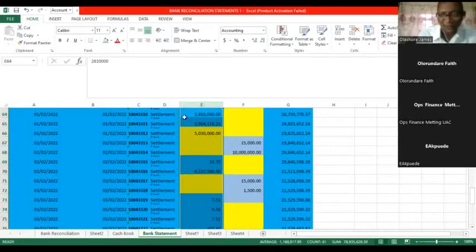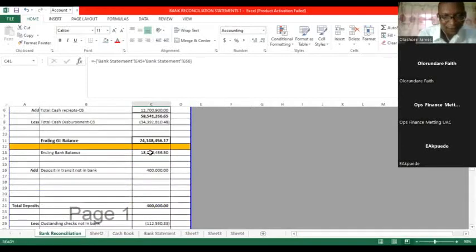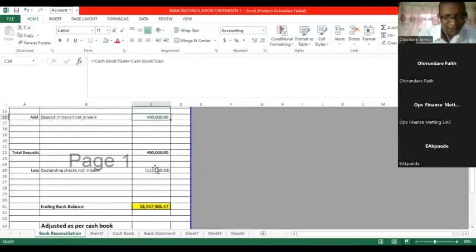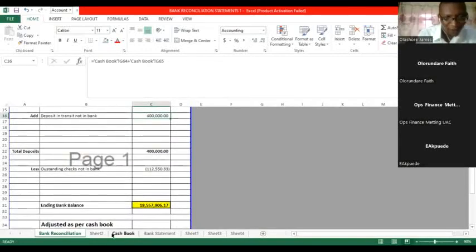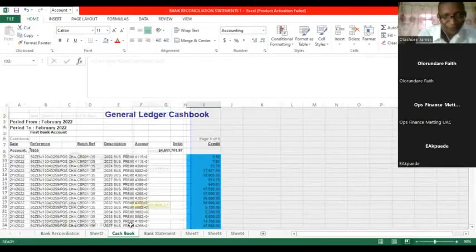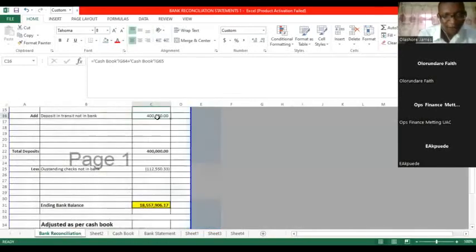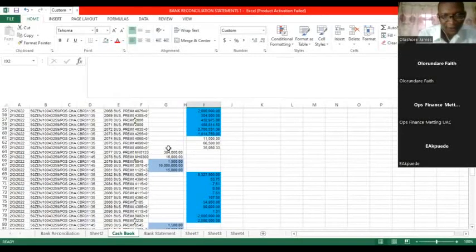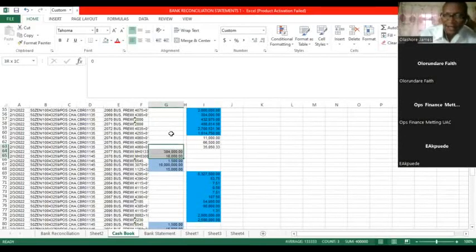So what we just have to do is, what is the 400 all about? Come back to your cash book and see what the 400 is all about. Let's see. We have two figures, that's 5. So this should be the figure 400. So look for it. What does it mean?